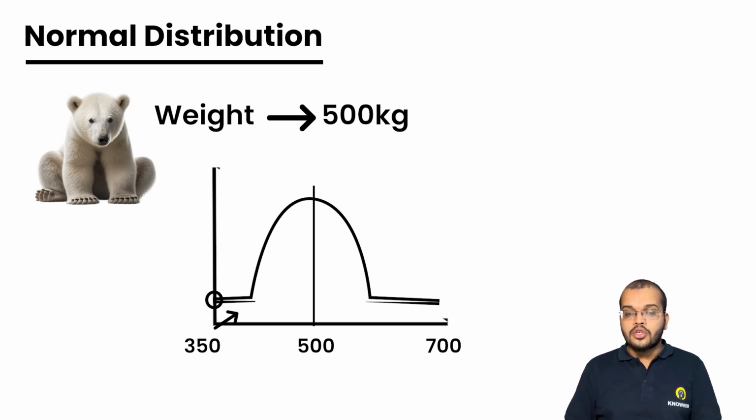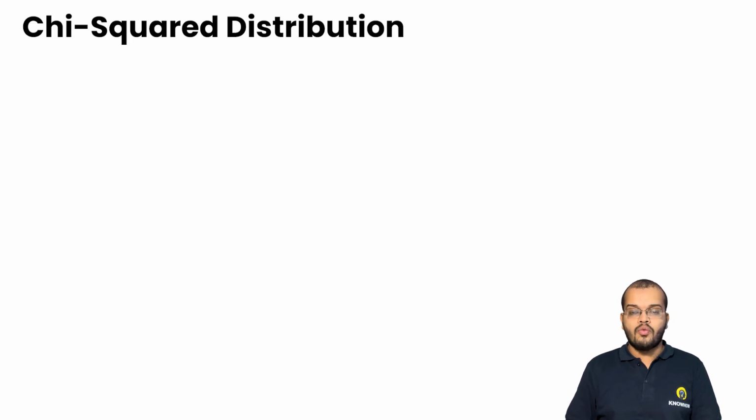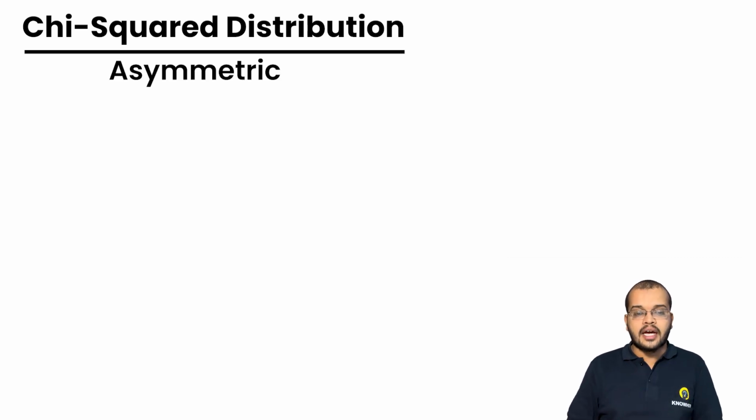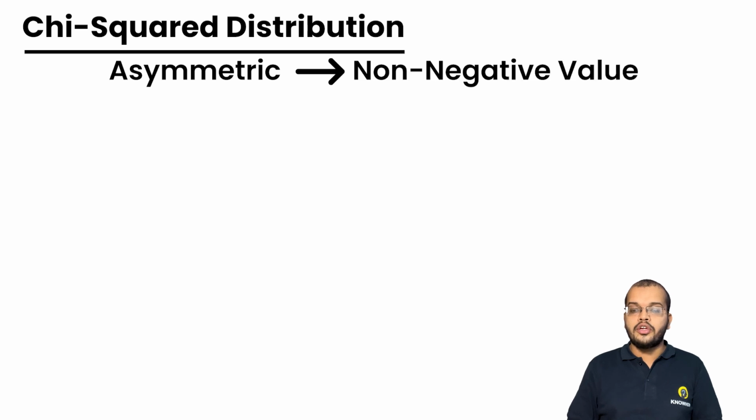Now let's look into another type of distribution called the chi-square distribution. What is this chi-square distribution? This is an asymmetric distribution where it allows non-negative values to be used in a calculation. One thing we have to see is that this type of chi-square distribution, we generally use in hypothesis testing.